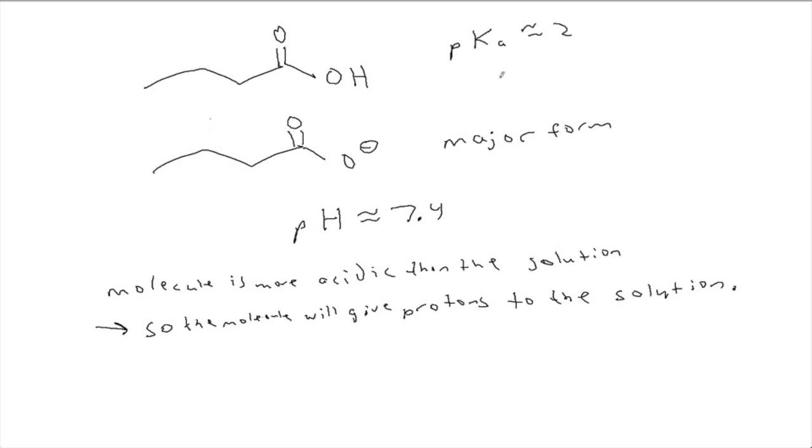So in physiological conditions, this carboxylic acid will mainly exist in the deprotonated form. So what will be the charge on the carboxylic acid? Positive, negative, or neutral? Negative. Mainly negative. Okay. Let's say that the pH was 5. What would be the major form then?